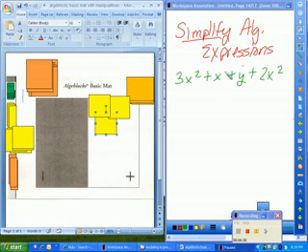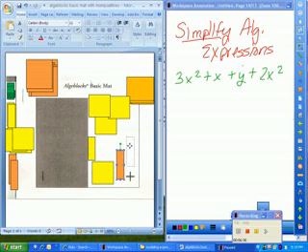Let me scoot this up a little bit so I've got some room here. Plus x, so we're adding an x, plus y, so we need to add a y, plus 2x squared. So now we need to go back in and add 2 more x squareds.